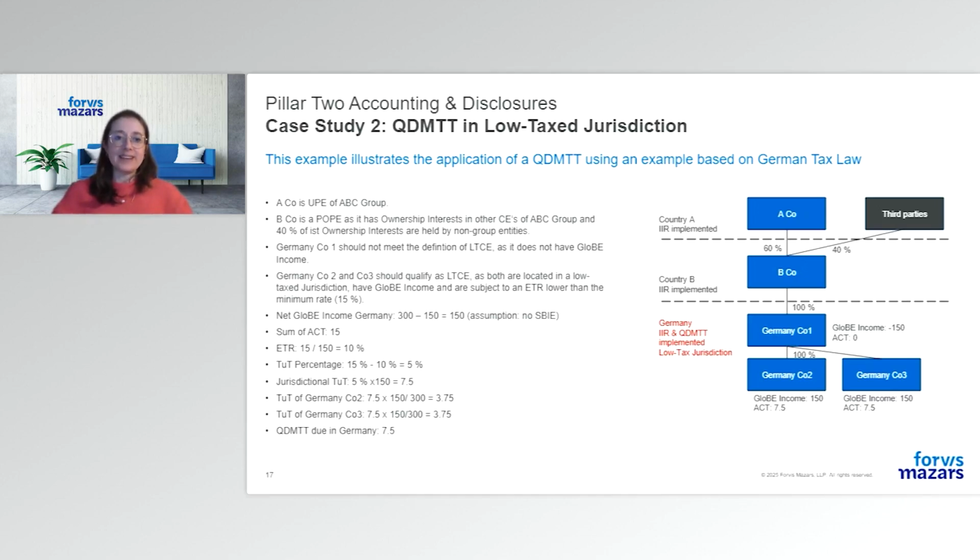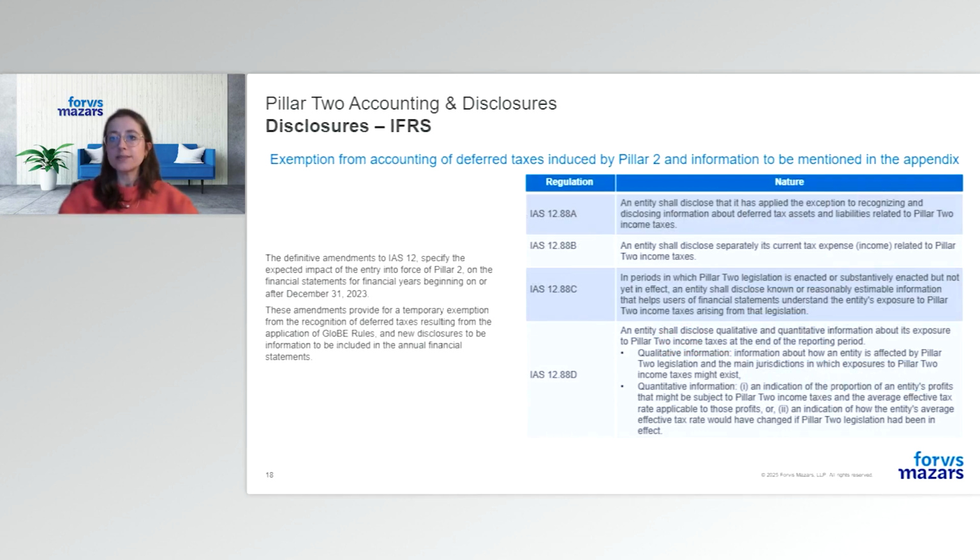All right, let's move to the disclosure requirements in the financial statements of the entities. As possibly most of you know, IAS 12 was amended because of the new Pillar 2 regulations. There are a few new regulations concerning deferred taxes, as well as information that has to be mentioned in the appendix.